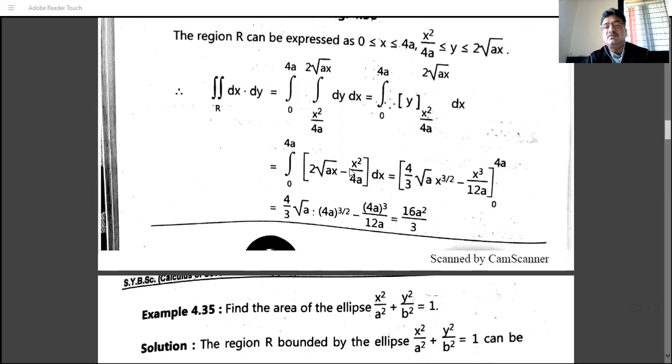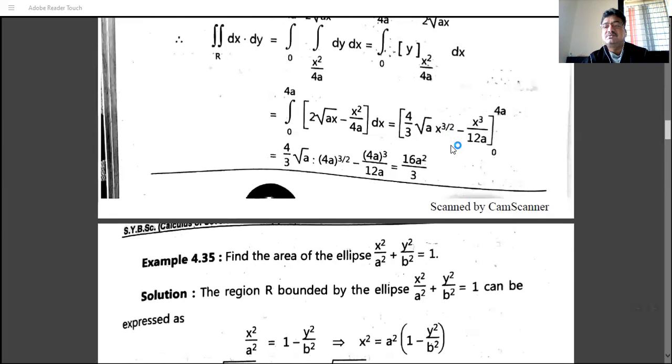And 1 by 4a is constant, x cube by 3 is the integration of x square. Then the value at the upper limit, substitute x as 4a, and substitute x as 0, we get 0. So after calculation, we have this.